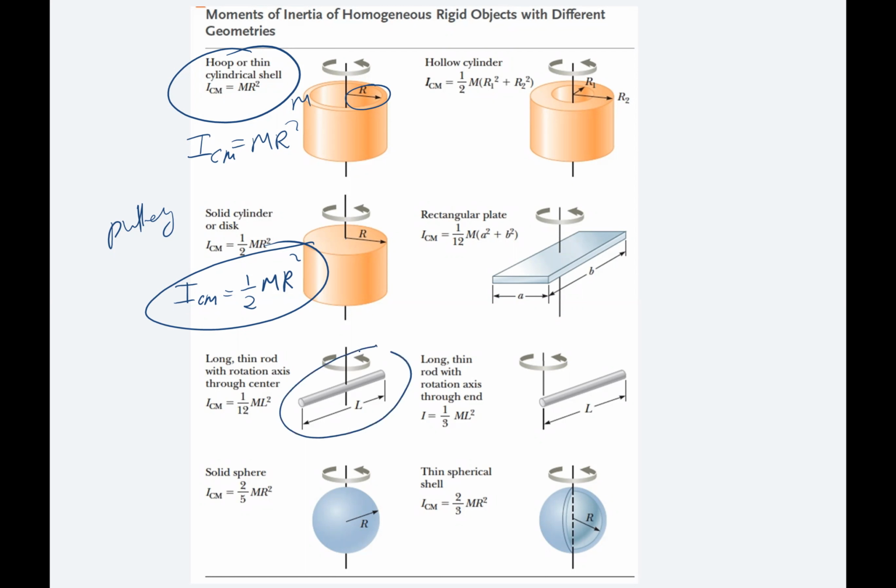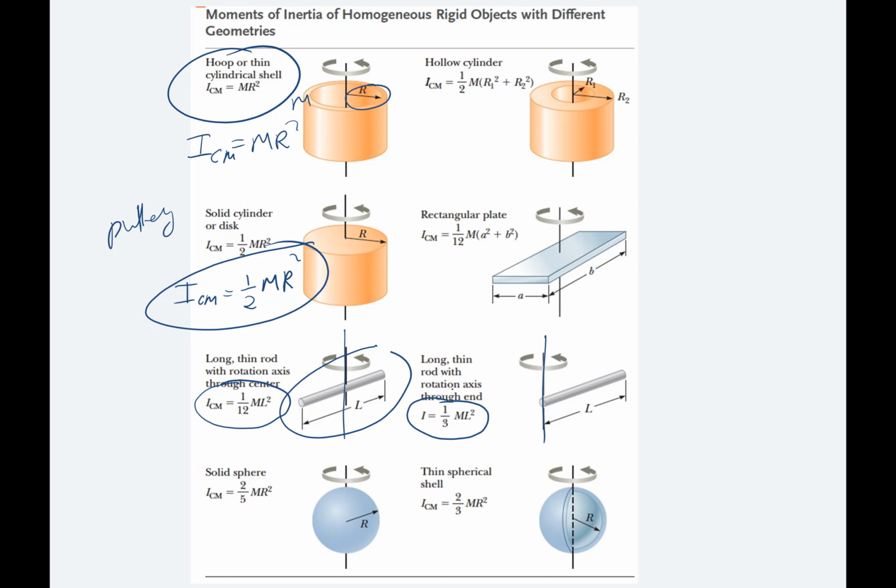So you see a rod, a uniformly distributed rod, but it has two different equations, or two different axes of rotation. One, you can rotate with respect to the center. The other one is you can rotate with respect to one of the ends. And you can see the moment of inertia is 1/12 mass times length square if it's rotating through the center, or 1/3 ml square if it's rotating at one of the ends.